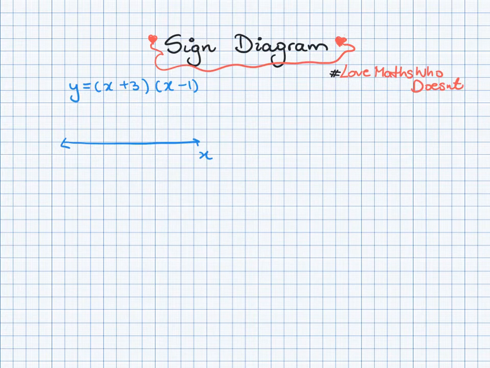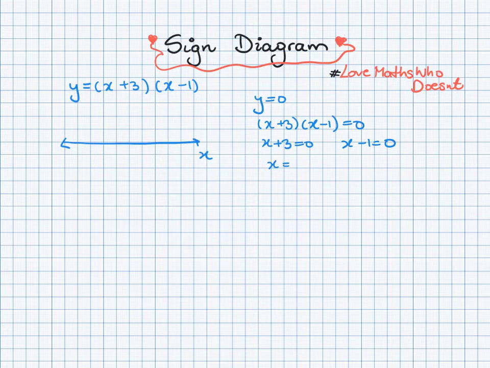What we need to do next is find the zeros of this function, so find when y is equal to 0. This only happens when (x plus 3)(x take away 1) is equal to 0, which happens only if x plus 3 equals 0 or if x take away 1 equals 0.